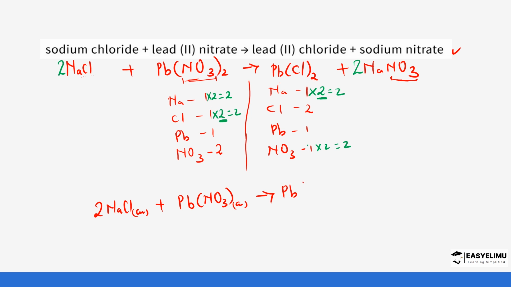You learn this later on in Form 2, when you'll be looking at salts. And then plus 2, this is solid state, and then plus 2 sodium nitrate, which is aqueous in state. And this balances the equation.